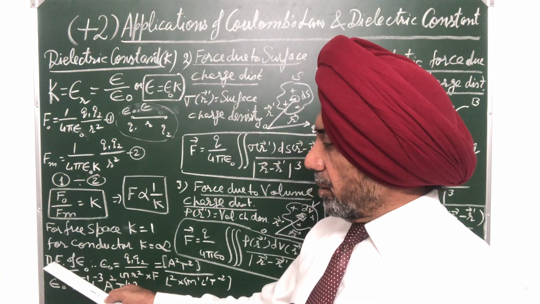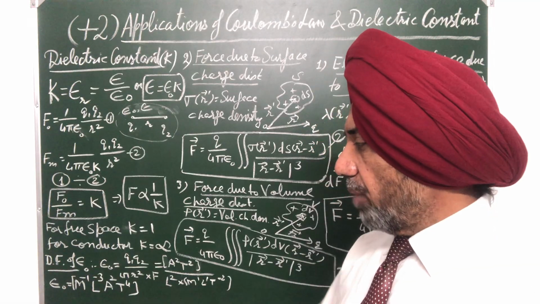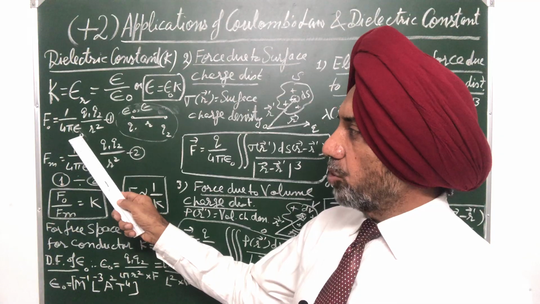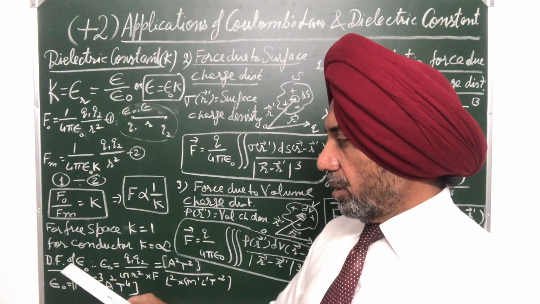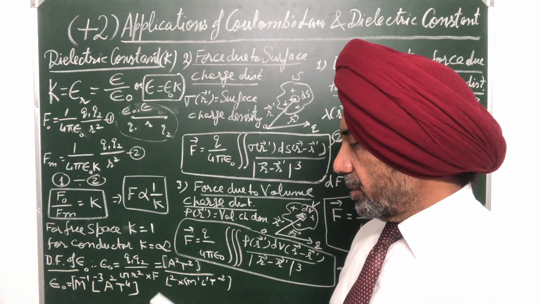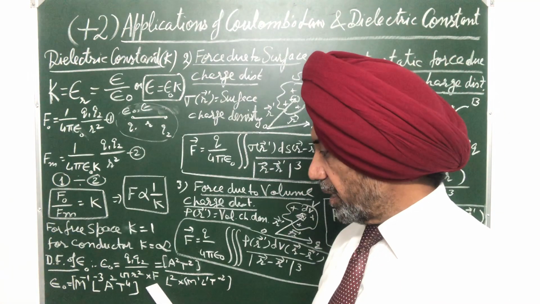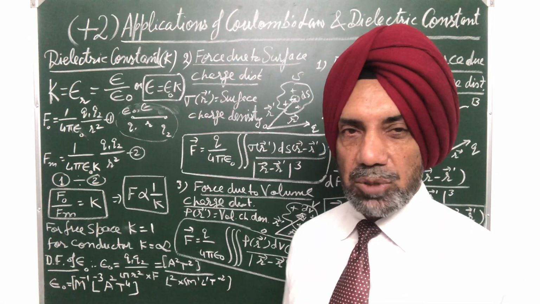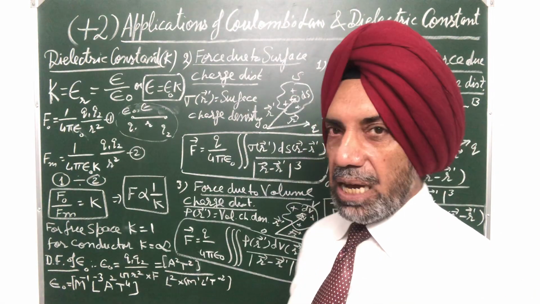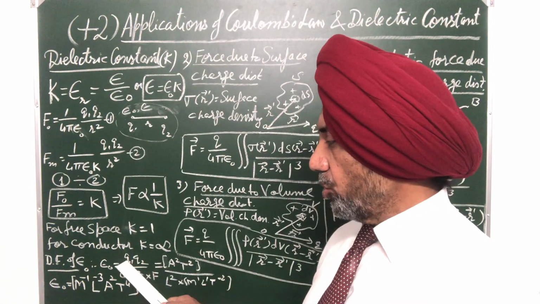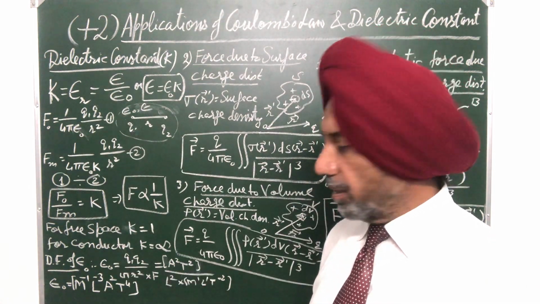So we can also calculate the dimensional formula for epsilon naught from the same Coulomb's law. So epsilon naught will be equal to Q1 Q2 upon 4 pi r square into force in the denominator. Substitute the value of charge in terms of dimensions, because charge is equal to current into time, so we write A into T. So Q1 Q2 will be A square T square.